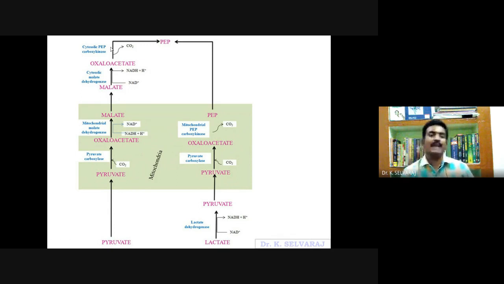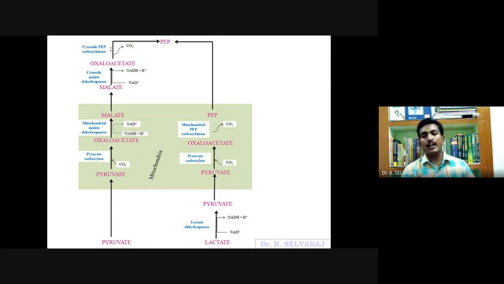At that time, lactate is synthesized in the human body through anaerobic fermentation, or during rigorous activities or exercise. Our muscle cells convert glycogen into lactate. Then lactate is converted into pyruvate, and for this conversion the lactate dehydrogenase enzyme is needed.